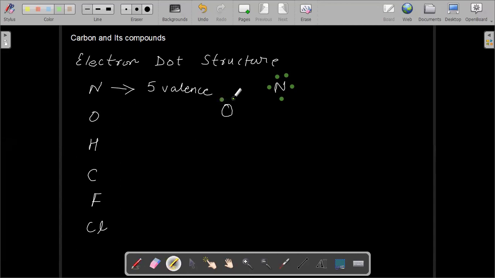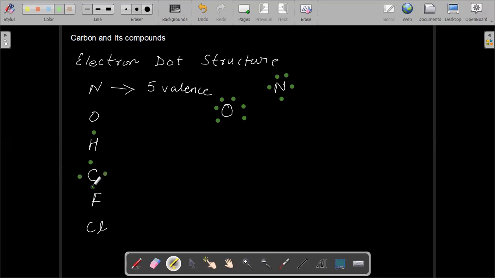The number of electrons and their position can be anywhere. It's not necessarily wherever I have represented. You can represent it anywhere. So this is oxygen. Then for hydrogen, we just add 1 electron. For carbon, we add 4 electrons.